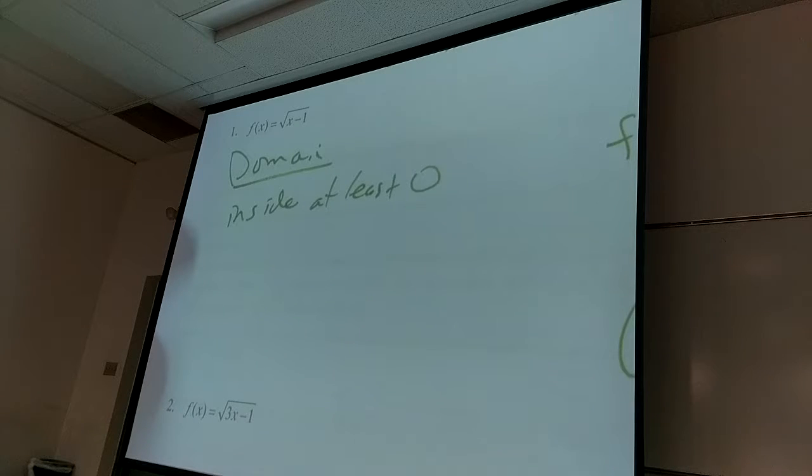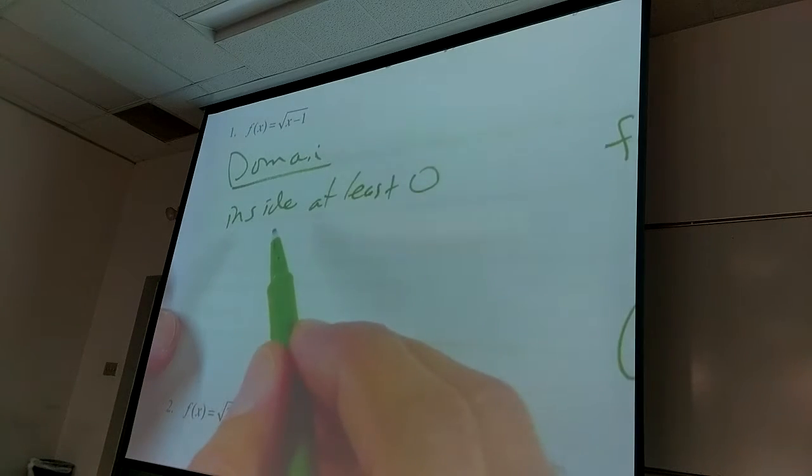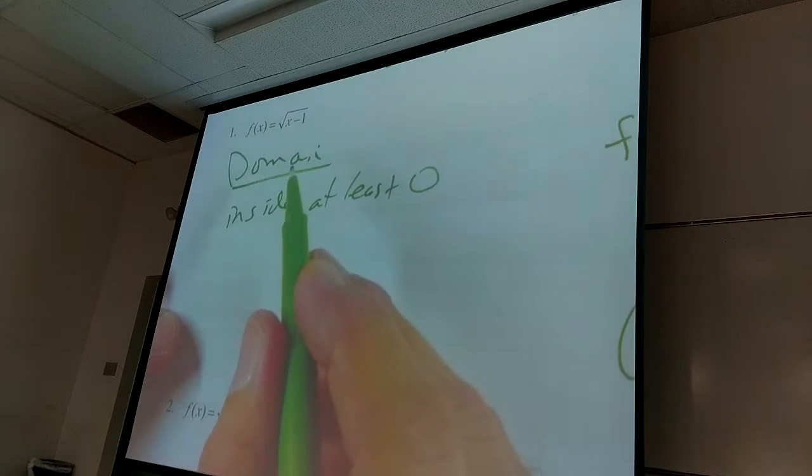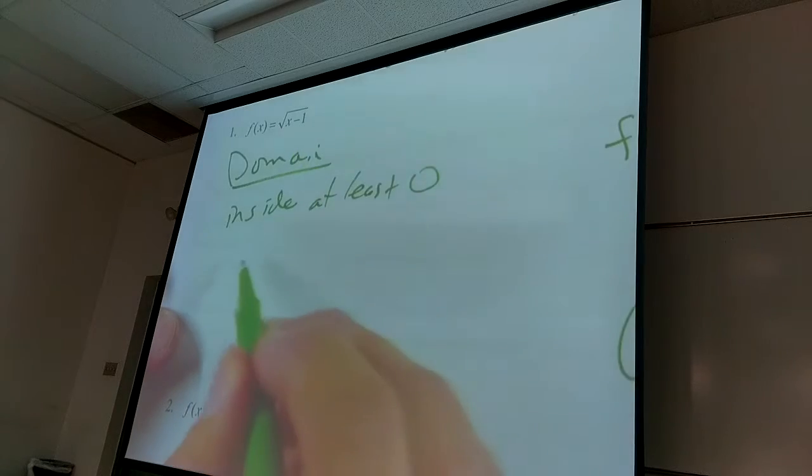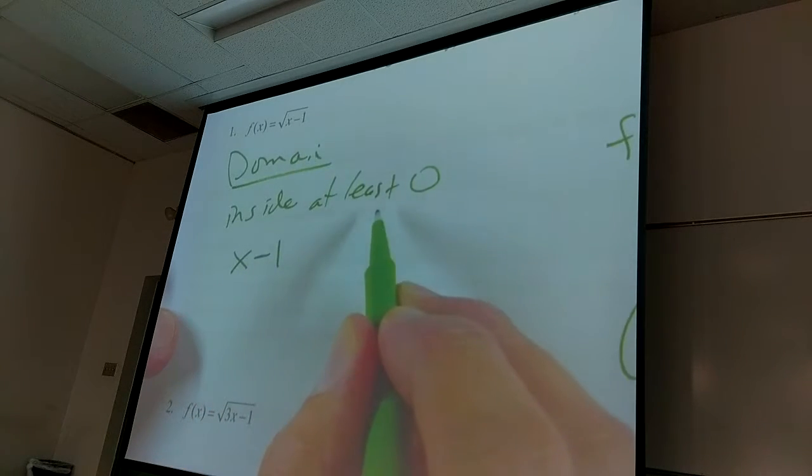So domain is awesome. You start with just saying in English what has to happen. Well, the inside has to be at least 0. Okay, now translate that to math. What's inside? X minus 1. The inside has to be at least.